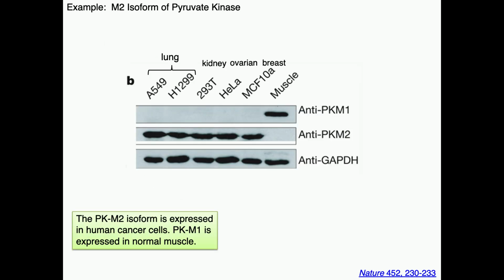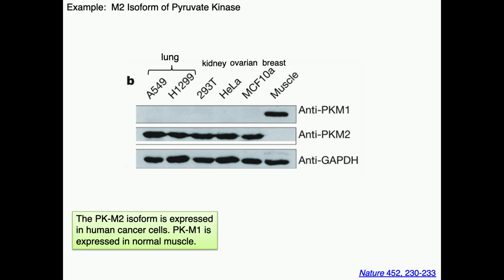This is a Western blot showing relative expression of M1, the normal adult isoform of pyruvate kinase, and then this embryonic isoform, M2. These are normal muscle cells. Anybody recognize any of these?